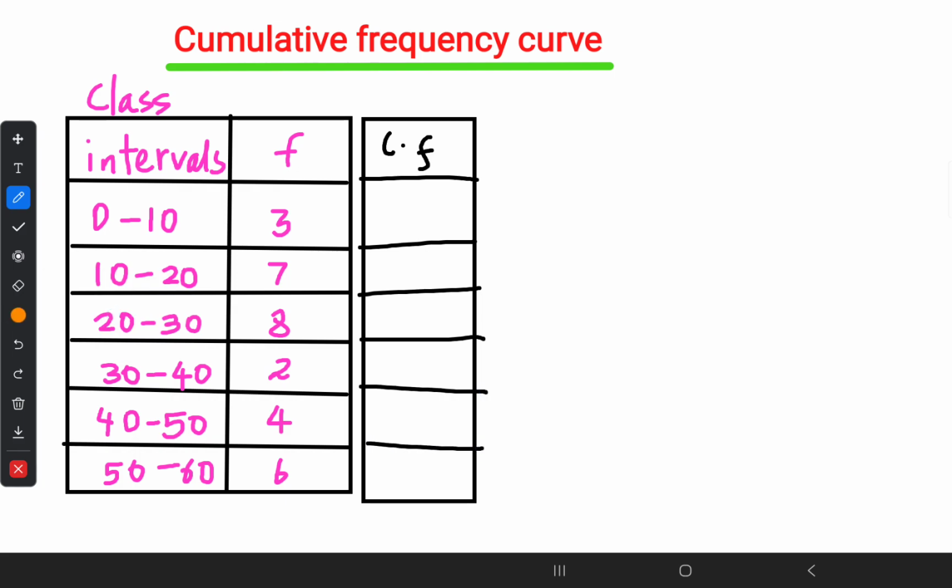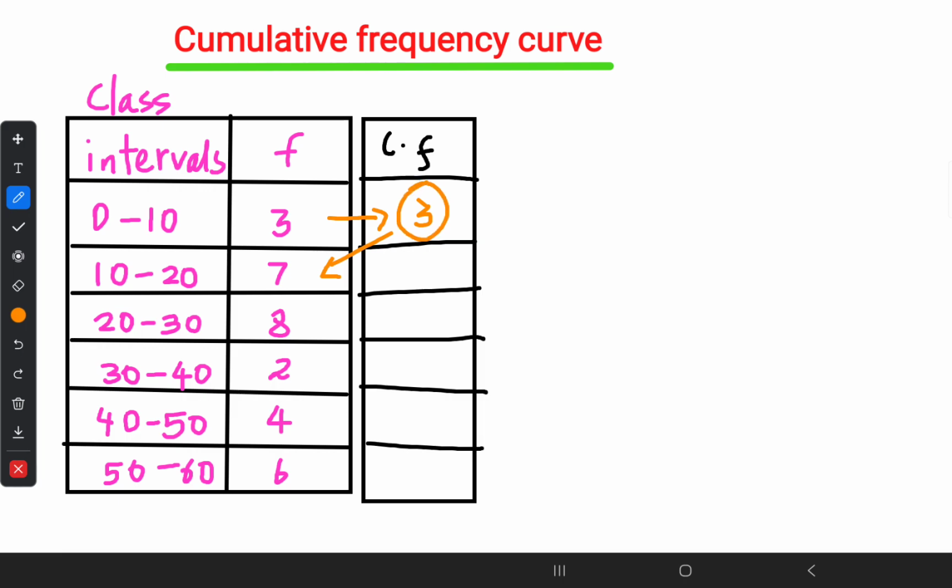So for cumulative frequency, the first frequency is 3, so directly write the 3 itself. Next, 3 should be added with 7. Already we had 3. Now additional frequencies are joined with the existing frequencies.